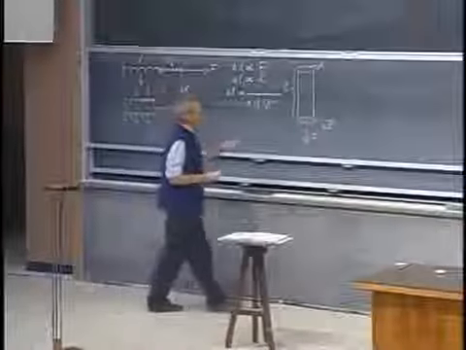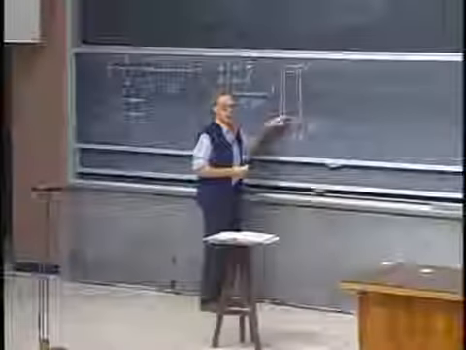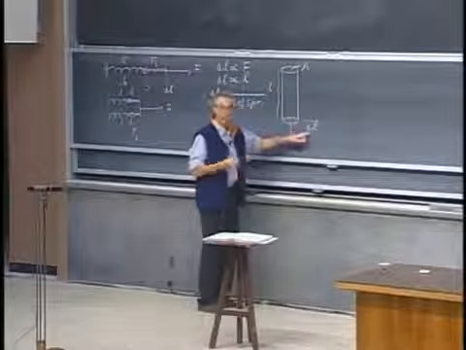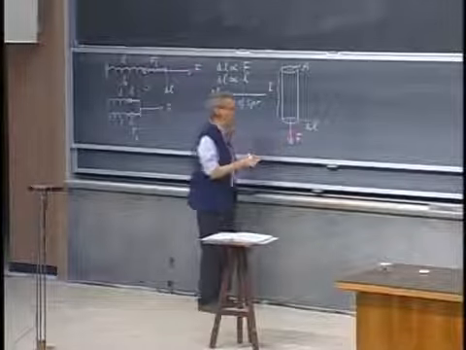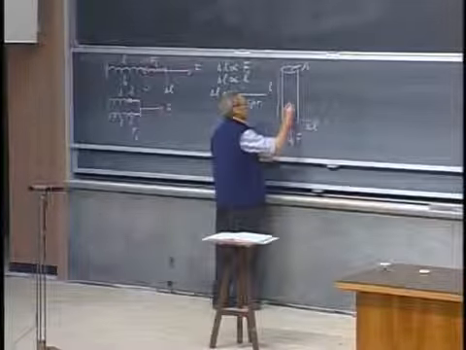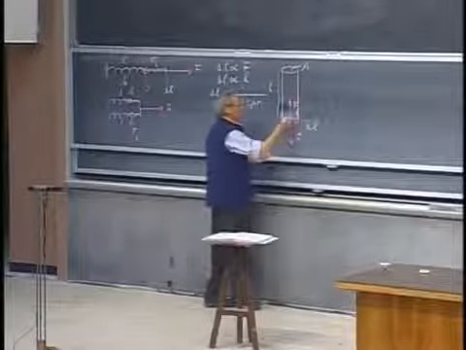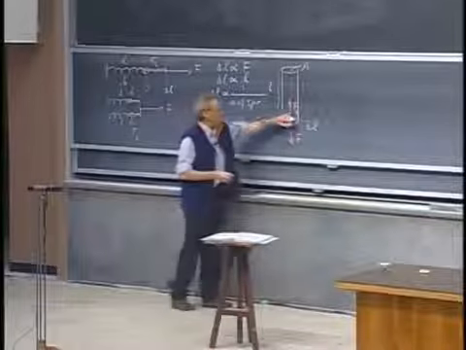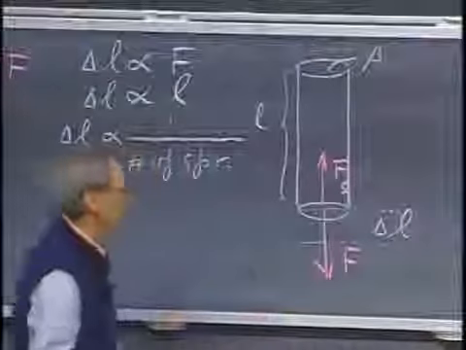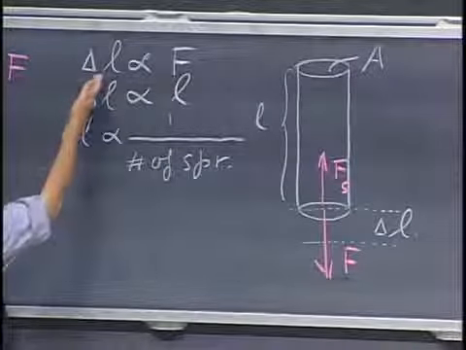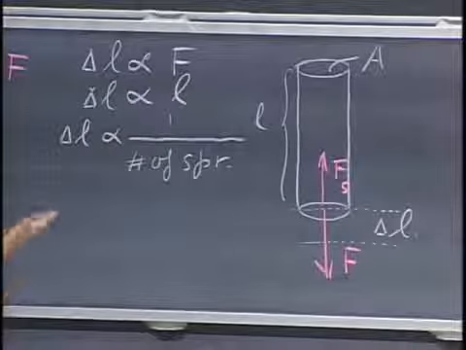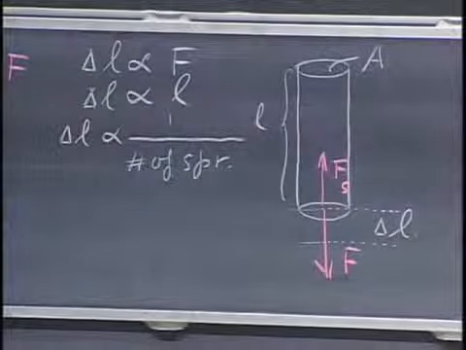And clearly, when I make this force stronger, delta L will increase. And as long as Hooke's law holds, that the spring force provided by the rod balances this out, provided that the spring force is linearly proportional with delta L, I have again that delta L will be proportional with the force. Double the force, I get twice delta L.